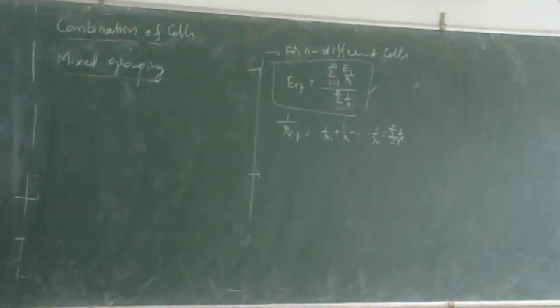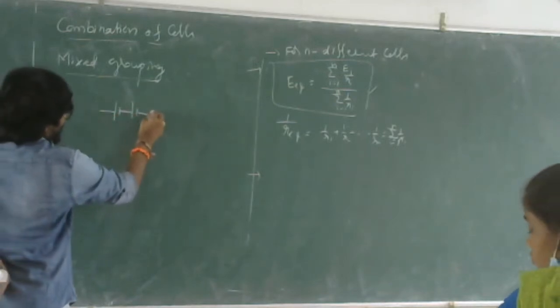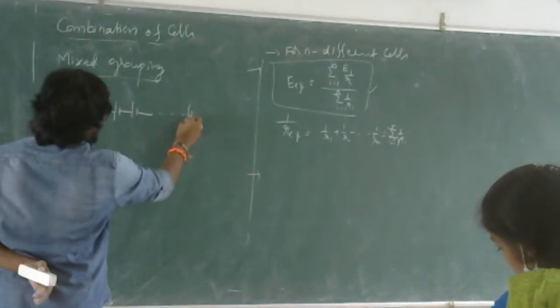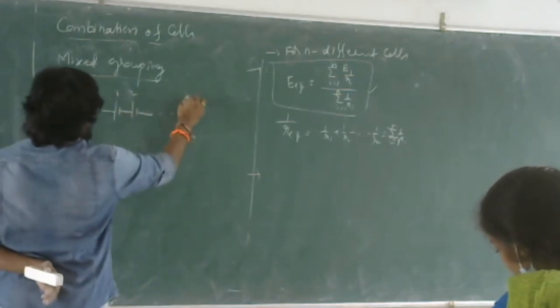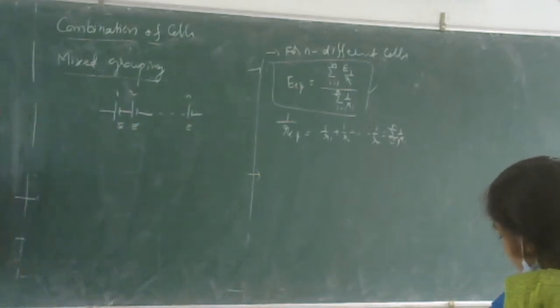Mixed grouping of cells. So what is mixed grouping? If you connect n number of cells, 1, 2, 3 and so on up to n, and identical cells, all are having the same EMF, in series.